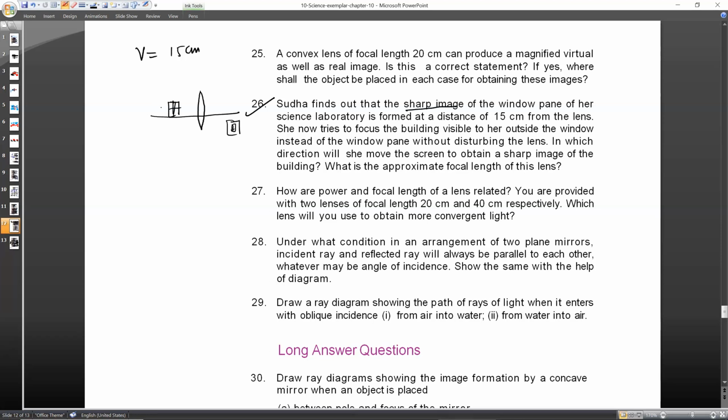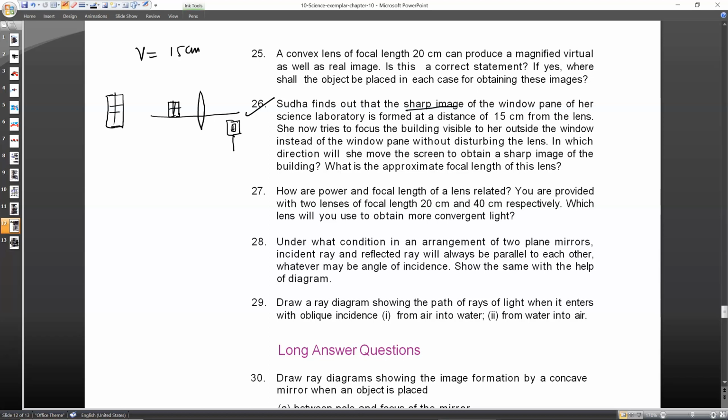Now she does not want to focus this one. She wants to focus a building which is away, which she is looking at from the window. So can you tell me, in order to obtain the sharp image, will she bring the screen closer to this lens or away from the lens?